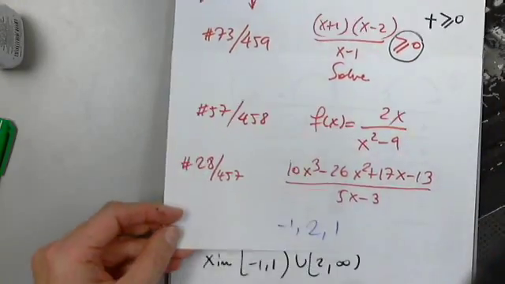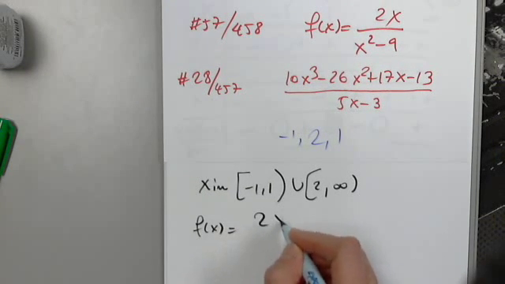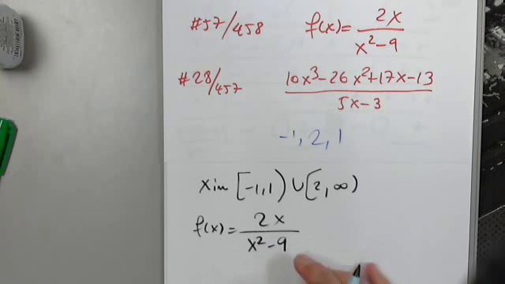Okay, so let's graph this function. f of x equals 2x over x squared minus 9.